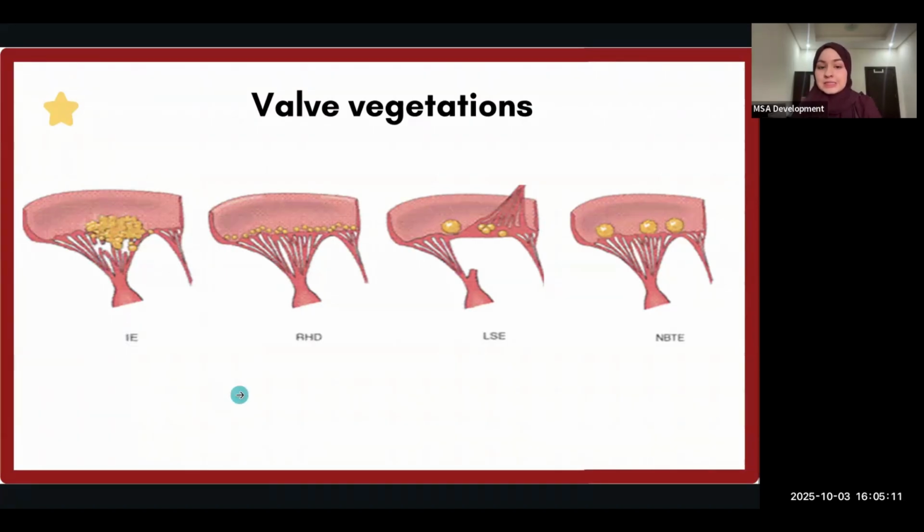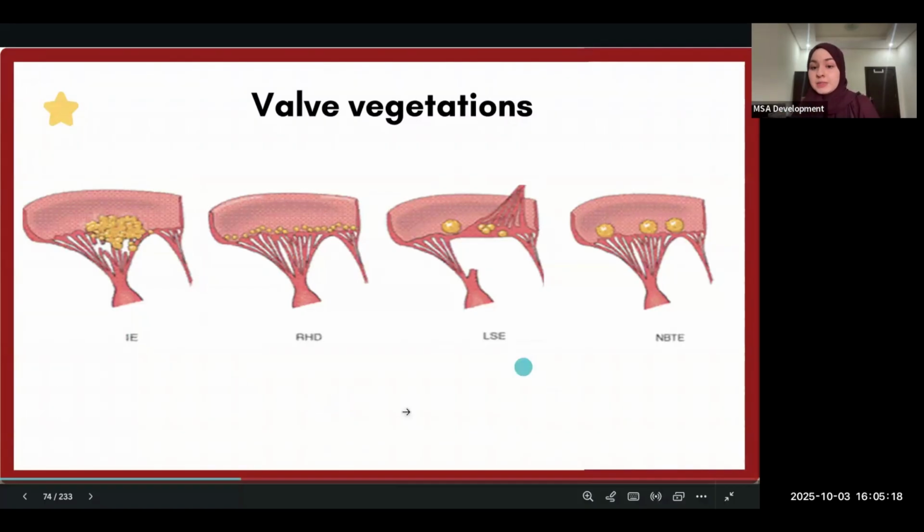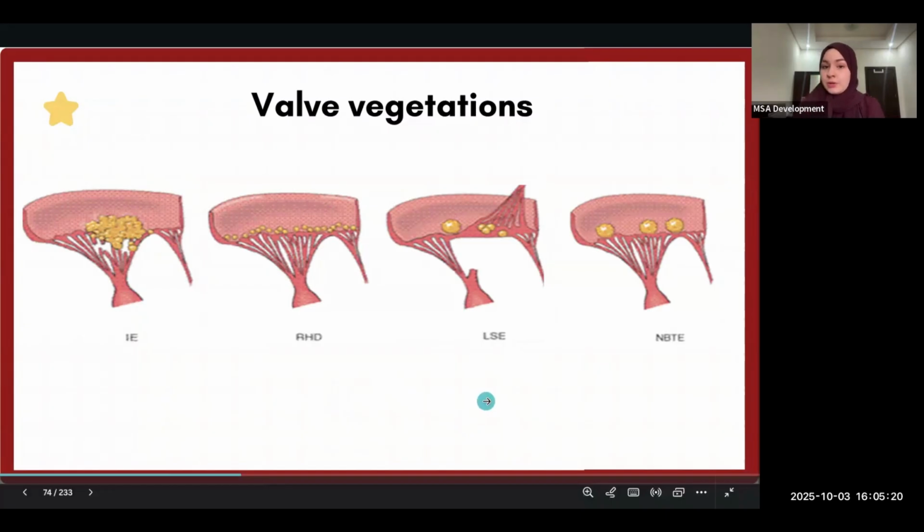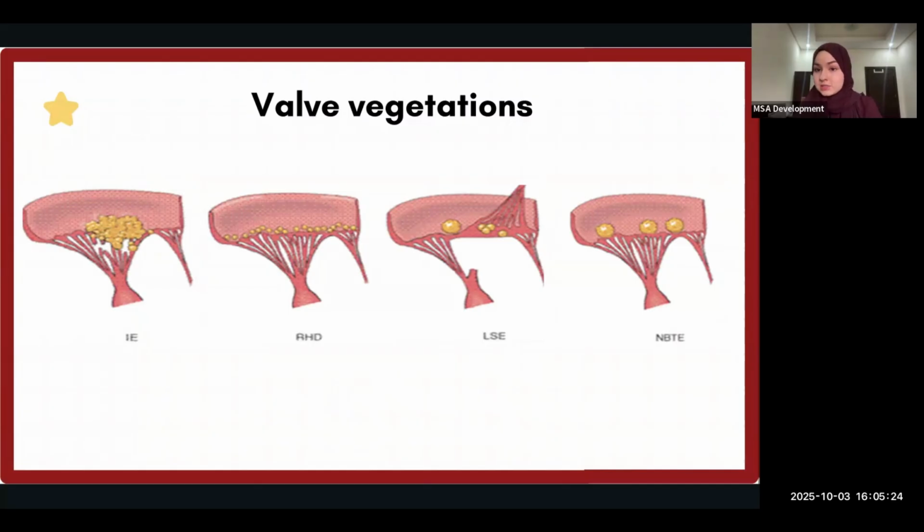In rheumatic heart disease, as I said before, these are verruca or sterile vegetations that are lining the heart valve. In Libman-Sachs endocarditis, very important about it and unique to it is that it occurs on both sides. You cannot see this in any of the other vegetations. So this is Libman-Sachs. And then you have NBTE, or non-bacterial thrombotic endocarditis.